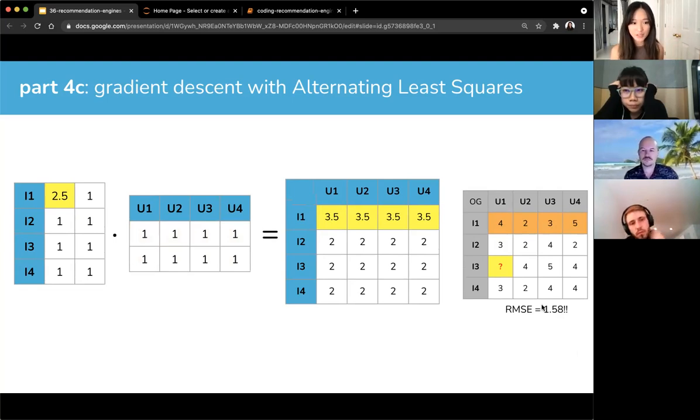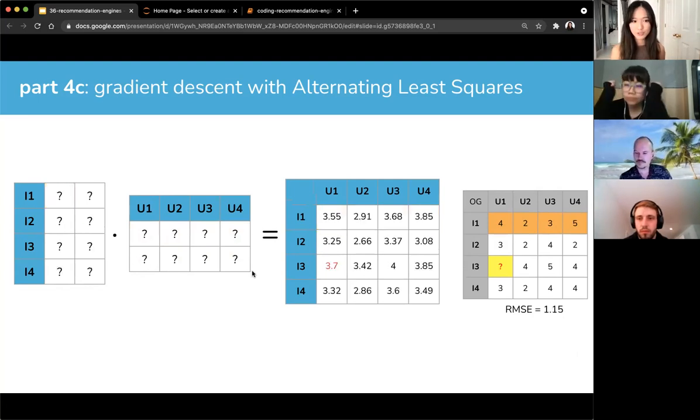What's going to happen is we're going to keep doing this, not just for this one value here, but for all 8 of these values here, 8 of these values here, just changing numbers to get better and better. At some point, none of these numbers matter anymore, but you come up with some recreated utility matrix. This recreated utility matrix gives you predictions for every user item combination.